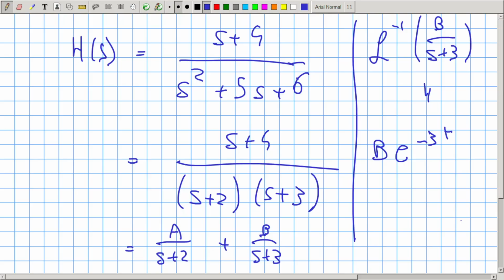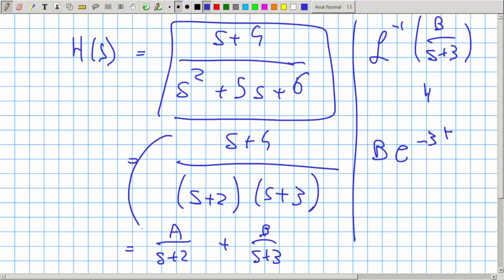What is this operation that I did? I took my ARMA. I rewrote it into a sum of objects for which each individual object appears in this lookup table that I told you you've got to memorize, and for which I can do the inverse computation by just looking at the lookup table.